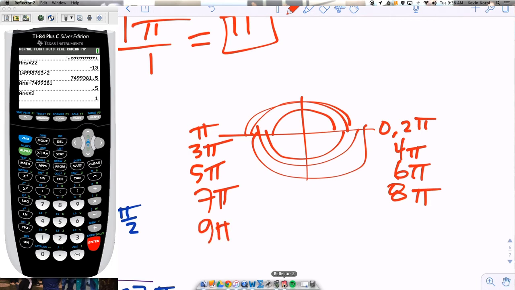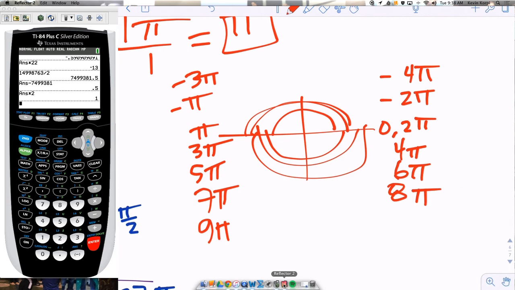Going backwards from 0, you get negative pi, negative 2 pi, negative 3 pi, negative 4 pi. What do you notice about all the pi's on the positive x-axis? They're counting by 2, so are those. These are evens over here, and on the left side we have odds.